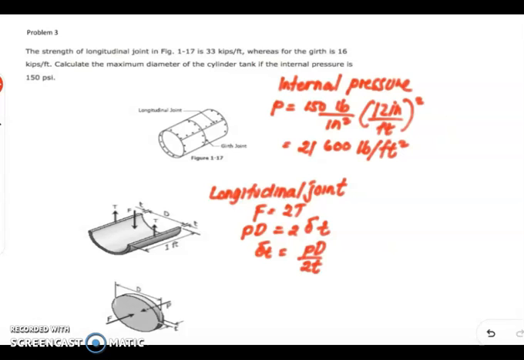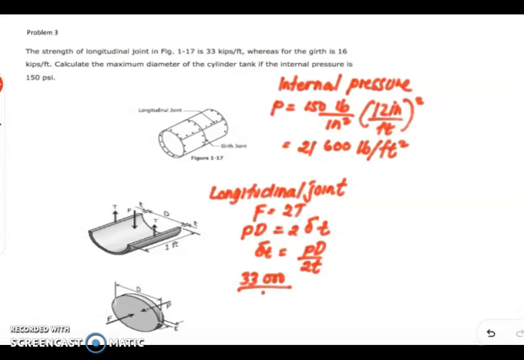We try to substitute the values for the longitudinal joint. We have our force, which is stress here is force all over the area. So force is 33,000 all over the area, since we consider 1 feet length.